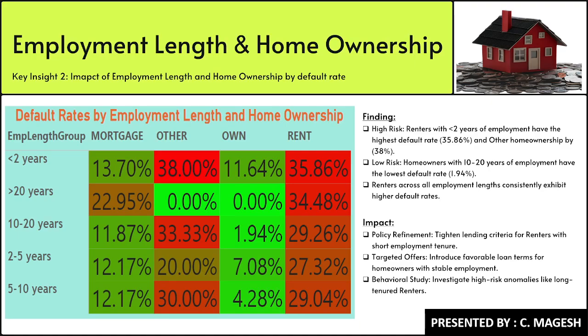Here I have used a heat map view. This is simply a matrix table in Power BI with employment length as rows and the home ownership category as columns, and I have used conditional formatting to achieve this heat map.